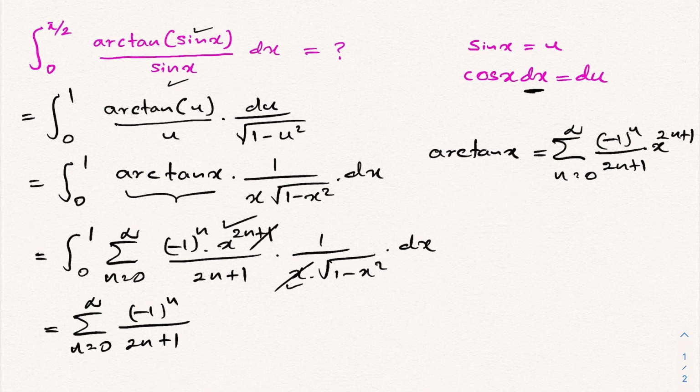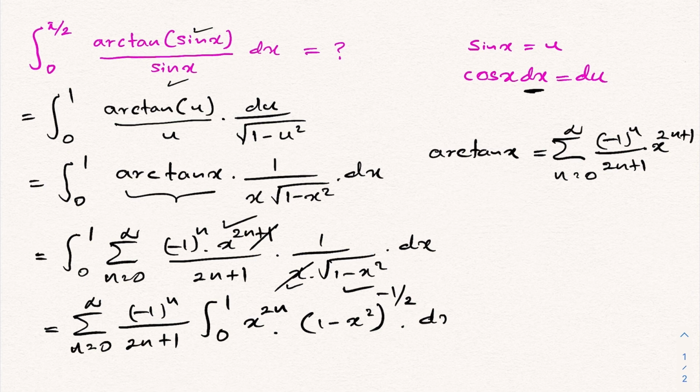So we have the integral from 0 to 1 of x to the 2n power times, here we have the square root of 1 minus x square, so we can write 1 minus x square raised to the minus 1 half power, times dx. Okay, then to solve this integral, I am going to take another substitution.